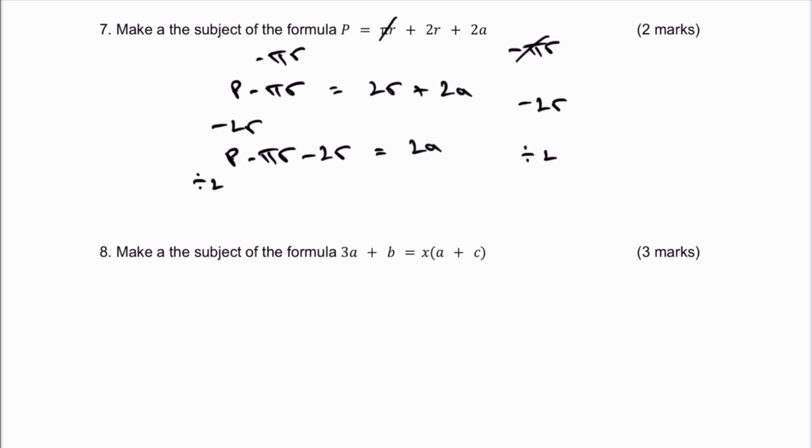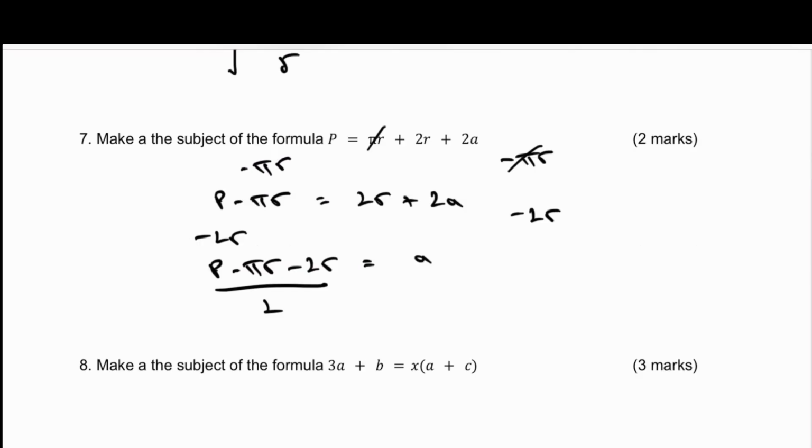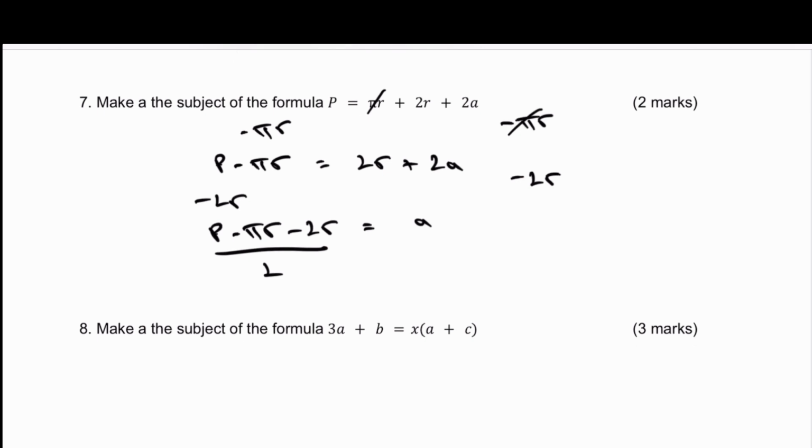If I divide both sides by 2, I can write this as a fraction, that a equals p minus pi r minus 2r all divided by 2, and that would be the answer to that particular question. Okay, so I hope that's okay for you. Let's move on then to question number 8.